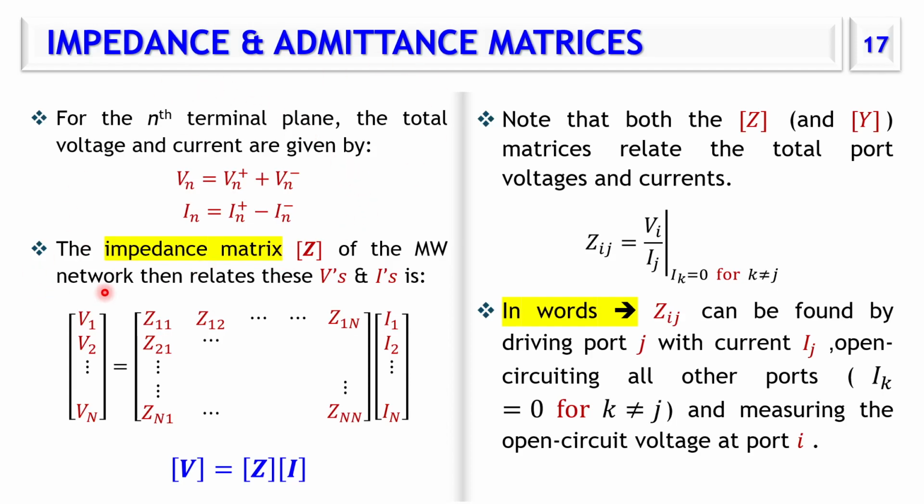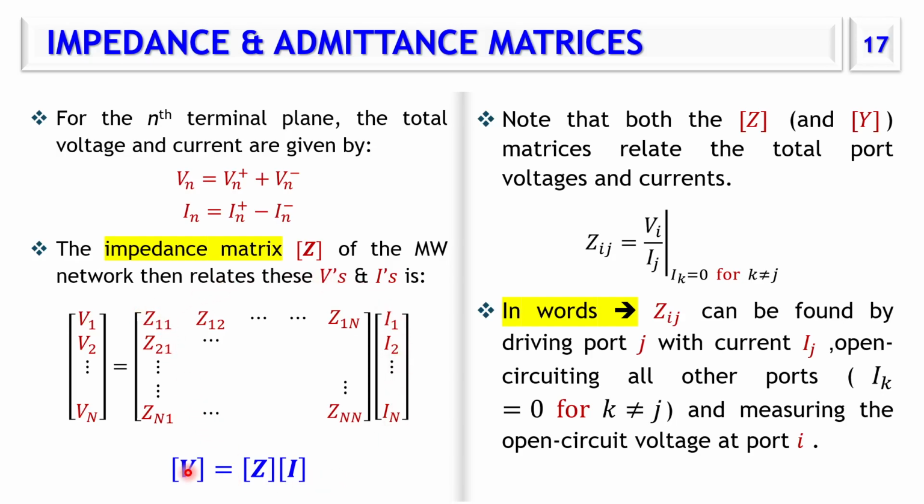The first tool for network analysis is the impedance matrix, which relates the voltage and current in the regular way we know. The voltage equals impedance multiplied by current. So V1 is the total voltage at port 1, V2 is the total voltage at port 2, Vn is the total voltage at port N. I1 is the current going into port 1, I2 is the current going into port 2, and so on and so forth.